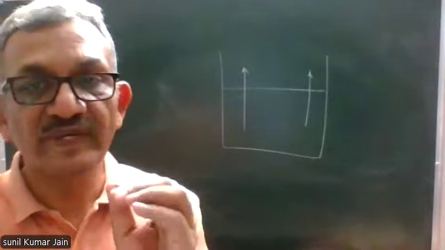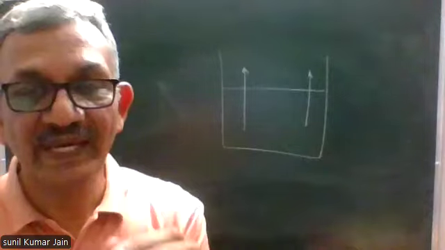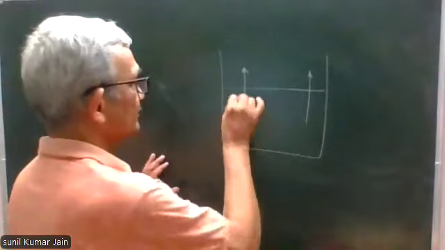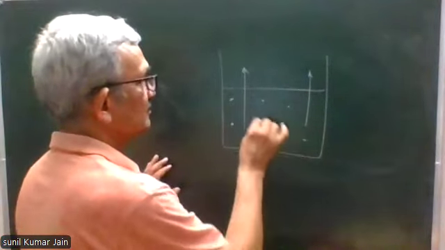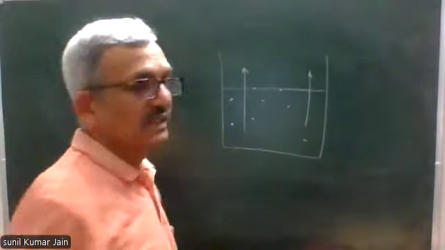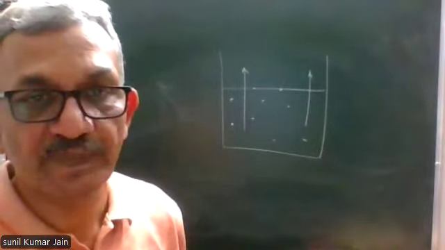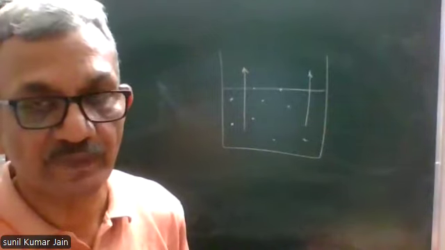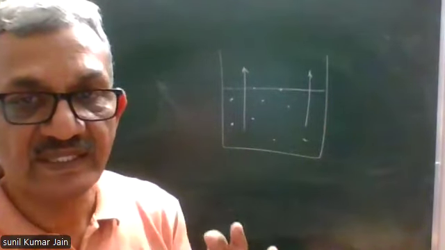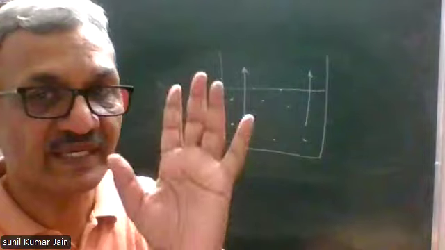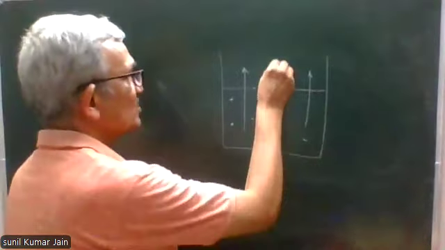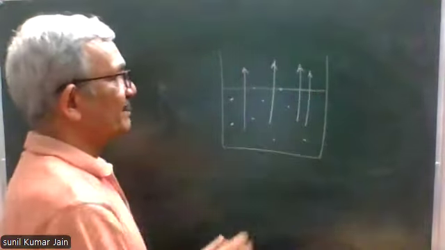Now, if we dissolve a non-volatile solute and prepare a solution, these are non-volatile solute particles I've shown with the help of dots. Again, we consider evaporation of some high energy liquid particle. This will escape. This will escape.